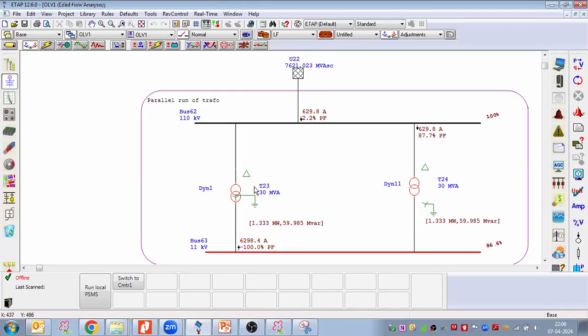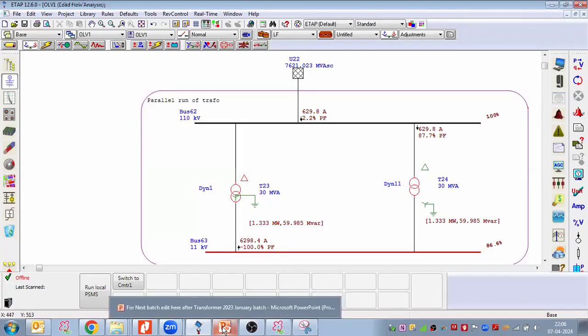So due to this reason, practically when we take two transformers in parallel conditions, we say that both transformers' rating, impedance, and vector configurations must be identical. If it is Dyn1 and Dyn11, without any load this transformer is overloaded.